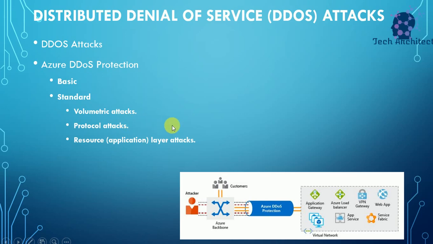Protocol attacks: these attacks render a target inaccessible by exploiting a weakness in layer 3 and layer 4 protocols. Resource application layer attacks: these attacks target web application packets to disrupt the transmission of data between hosts.